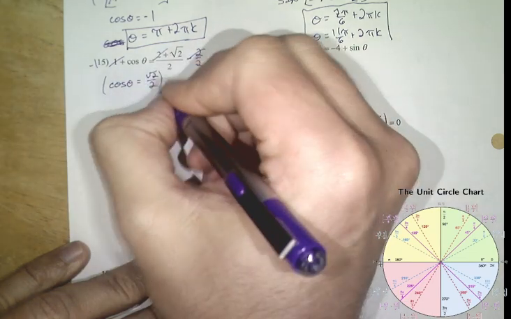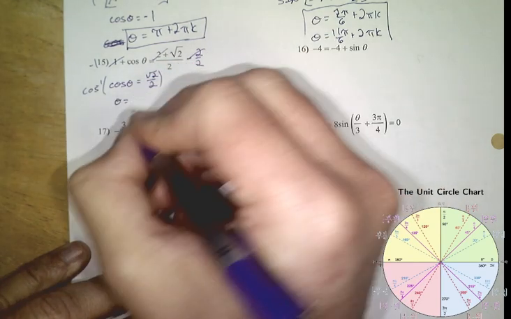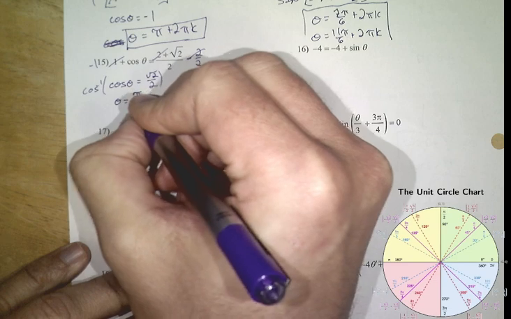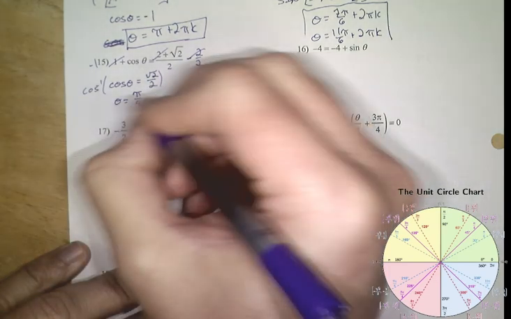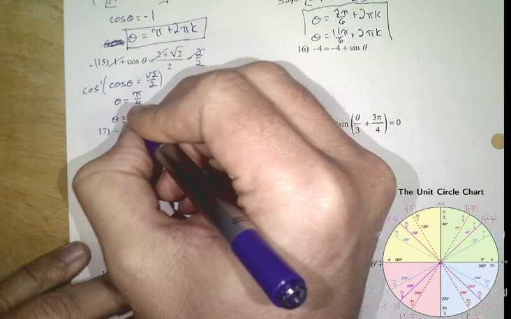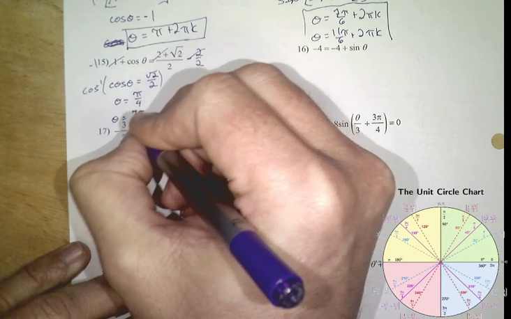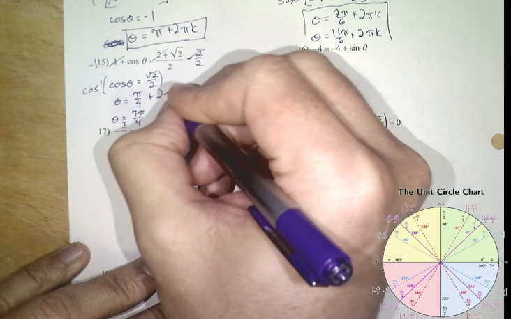Take inverse cosine of both sides again. And we get theta is pi over 4. And the other one should be in quadrant 4, so it should be 7 pi over 4. And those are both plus 2 pi k.